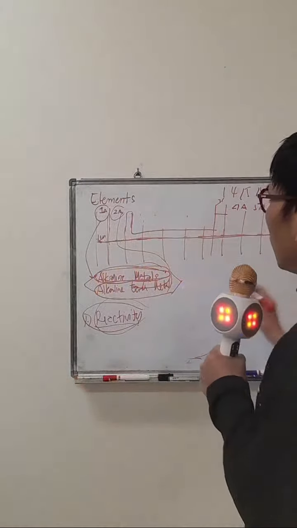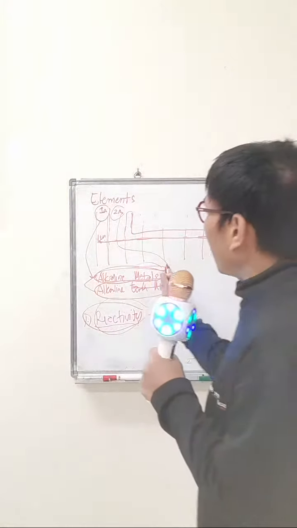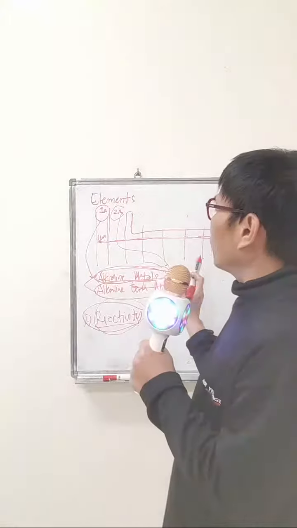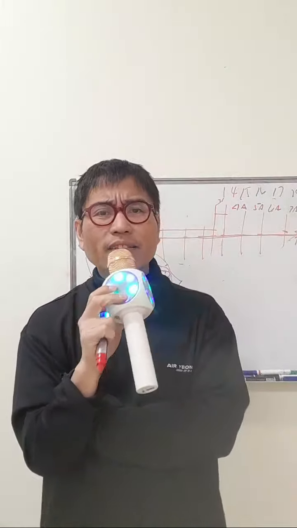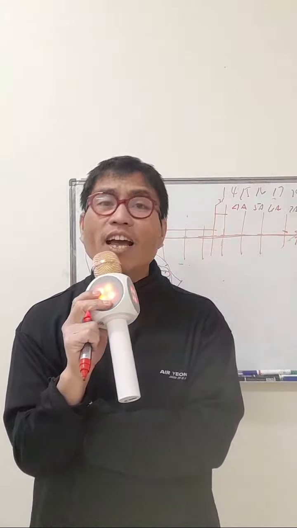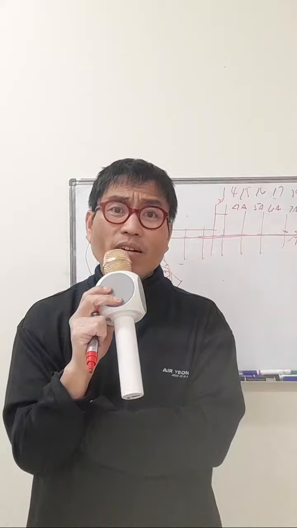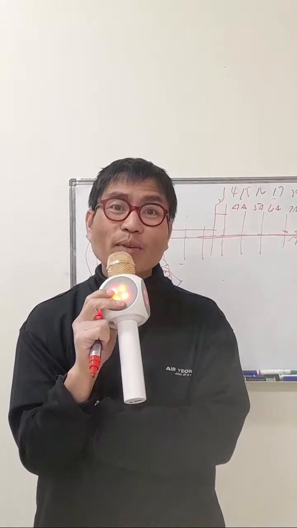So if you go from left to right, it will become less reactive, because the alkaline metals on the left are more reactive. Less reactive means it will never react because it's already stable. You get the point?